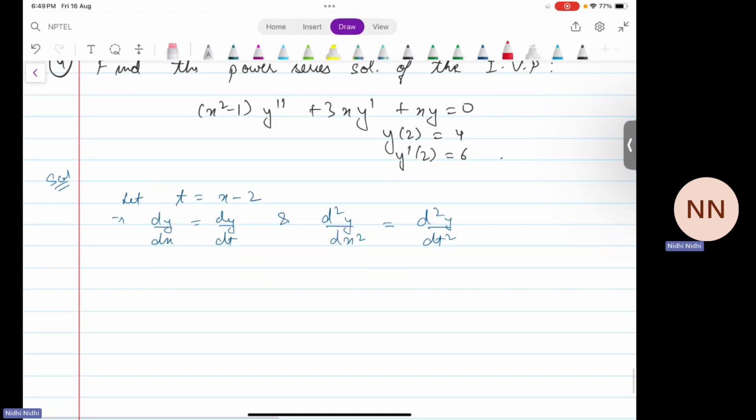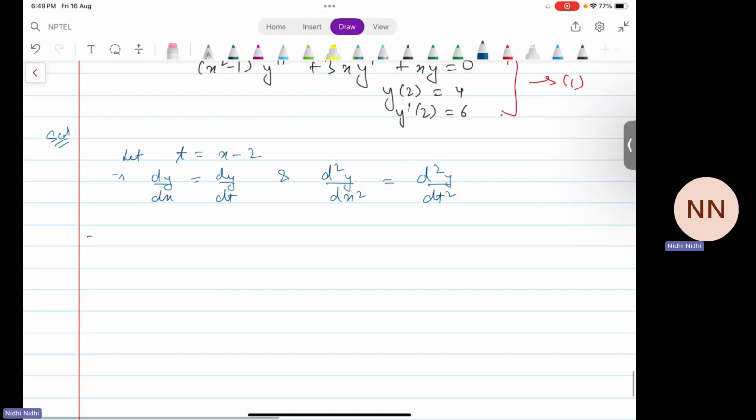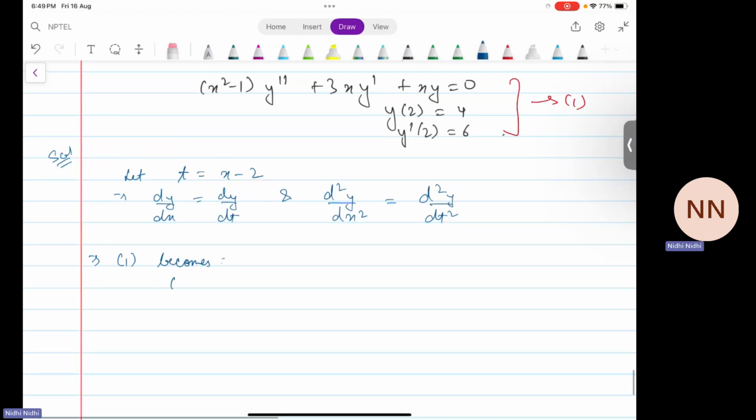So our problem becomes ((t plus 2)^2 minus 1) y double dash plus 3(t plus 2) y dash plus (t plus 2) y equals 0.